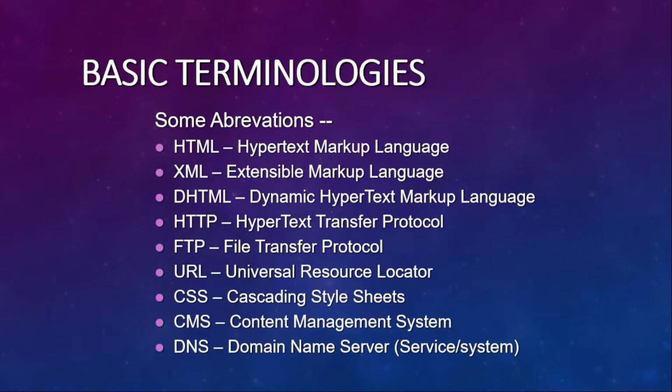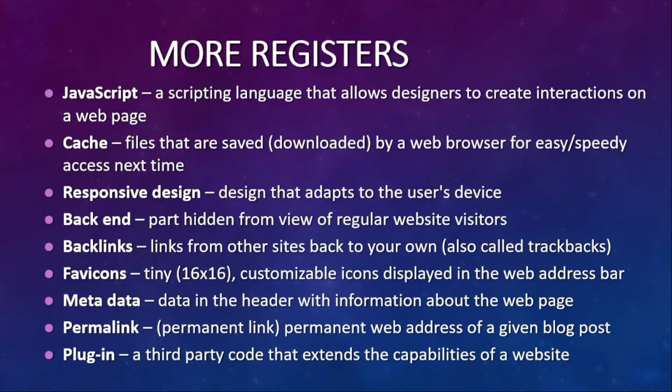So you can see what HTML means, the XML means, the HTTP means, FTP, URL, CSS, all of them, right? Now we still have more. JavaScript, what's JavaScript? Cache, what's cache? Responsive design, what is that? Backend, backlinks, favicon, metadata, permalinks, and plugins. So these are just examples of some of the registers. We have more, but these are the most common registers people use.